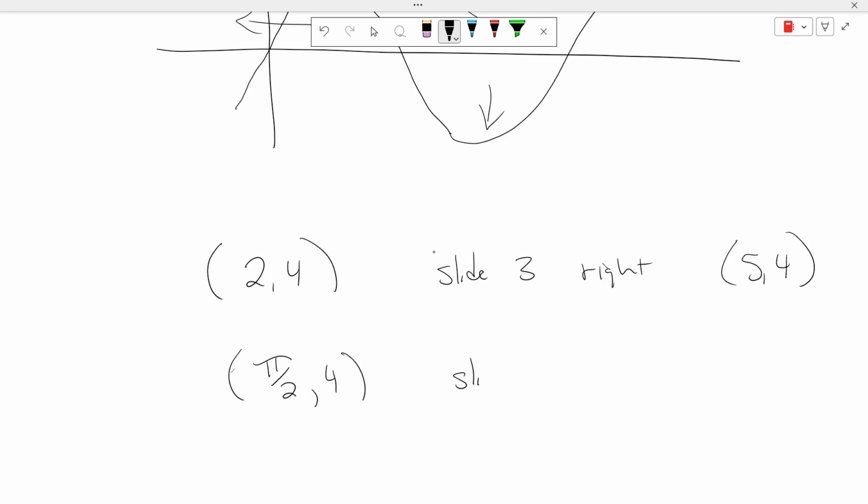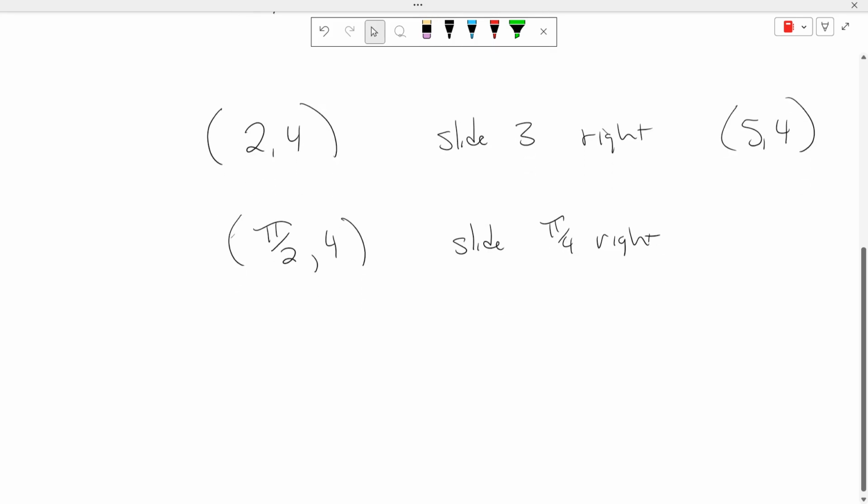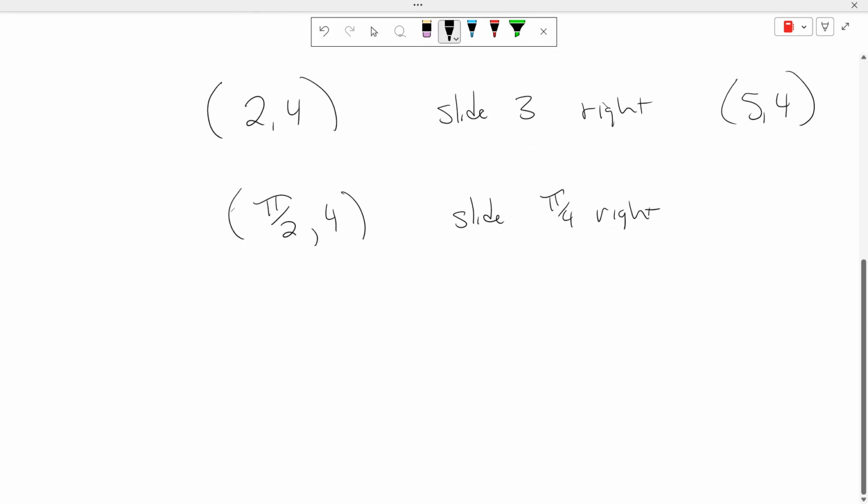And we'll slide pi over 4 to the right. Okay? So if we're going to the right, we have to add it to the x variable, correct? So if we're sliding pi over 4, we take pi over 2 plus pi over 4. But we can't add fractions like that. We need a common denominator.